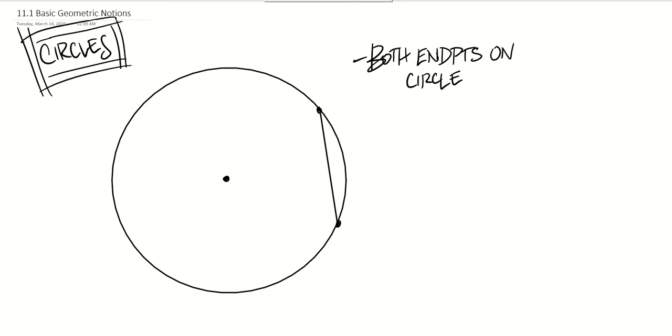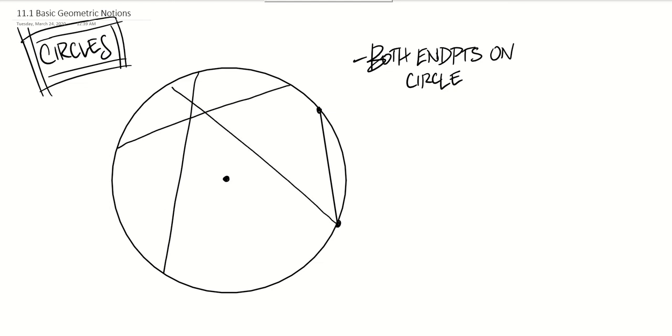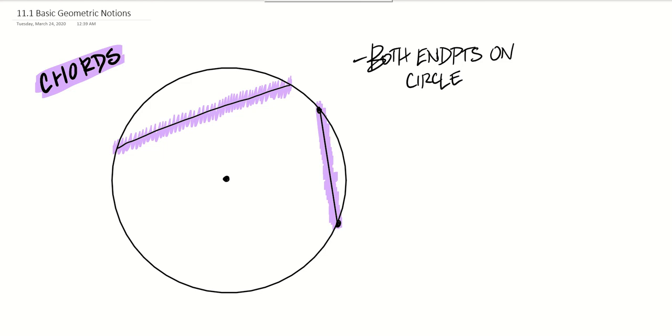And in fact, I could draw segments that look like this all over my circle, with both endpoints on the circle but not through the center. Again, these are called chords, okay?